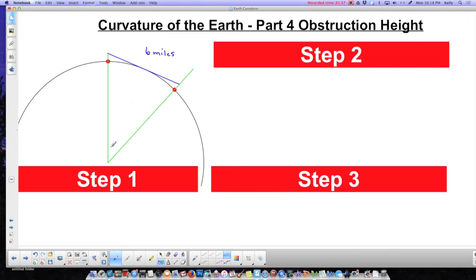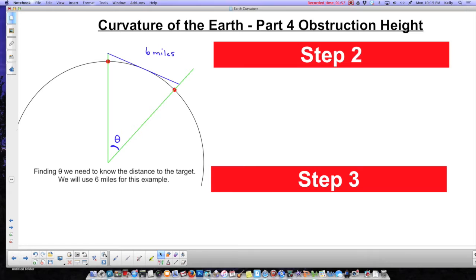Now, down in here is the first thing we're going to calculate. We're going to calculate that angle, and we're going to call it theta, and you will notice that that is actually the first thing we've calculated in every single type of curvature that I've talked about. I've got this a little bit more organized because there are more steps involved, so I've got the steps laid out here in a little bit of wording.